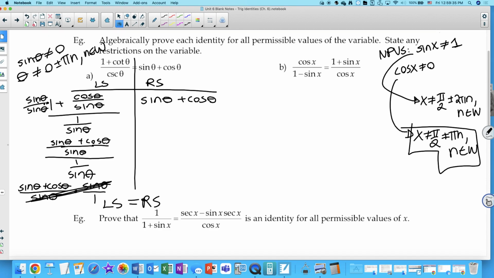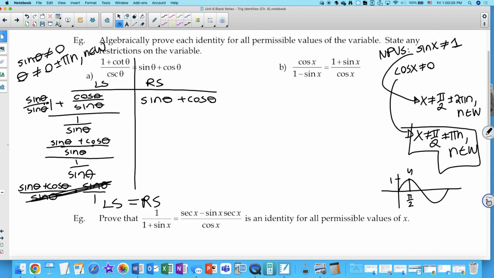Okay? And again, I do want to take you through this, because I think a lot of you are still thinking in terms of the unit circle with these restrictions, which is totally fine. But my brain doesn't go there. I see it graphically. So there's my sine function. It's only equal to 1 once per cycle, so I know it's not going to happen for another 2 pi. So this is y equals sine x.